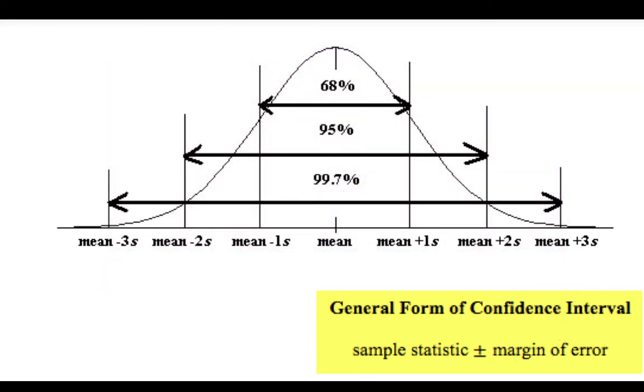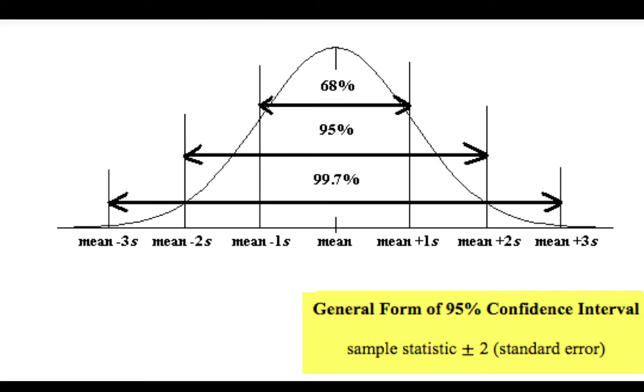In order to be more confident, we need to have more of the normal distribution, which means we're going out more standard deviation units. 2 versus 3 standard deviations is essentially the multiplier. If you're constructing a 95% confidence interval, you want to go out 2 standard deviations, so the multiplier that you're going to see a lot in this course is 2.